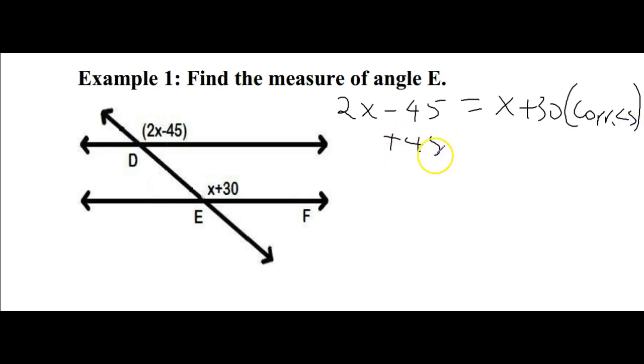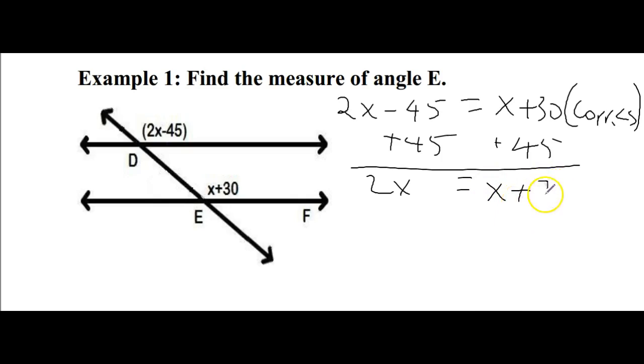Add 45 to both sides. 2x equals x plus 75. What next? We can subtract 1x from both sides. We get x equals 75.